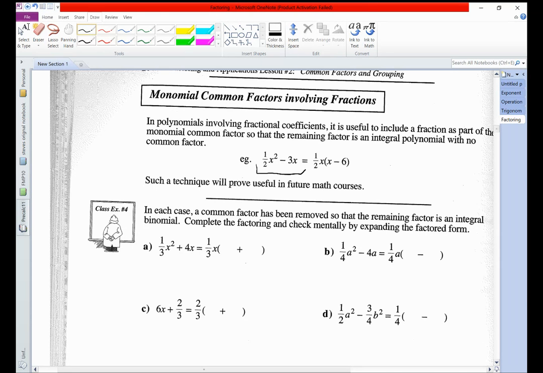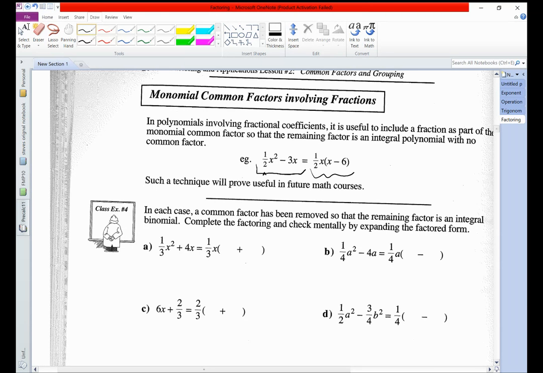So we want to remove 1/2 from this, and it looks like we can take out an x as well. And so they kind of show you the answer here, but I just want to show you how you can get there.